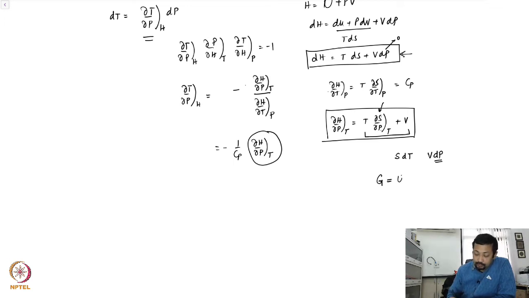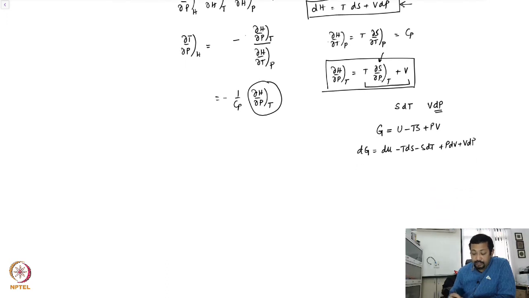G is equal to U minus TS plus PV, and dG is going to be dU minus T dS minus S dT plus P dV plus V dP. So dU minus T dS plus P dV is 0 from the first law, and one has minus S dT plus V dP.